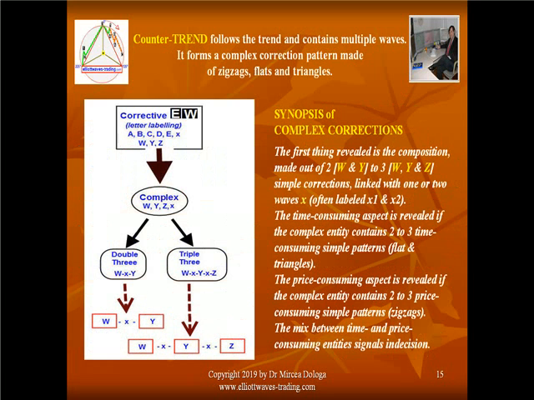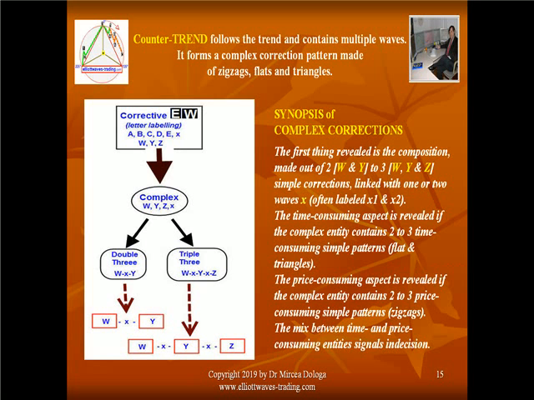Synopsis of complex correction. On the left side, we see our synoptic drawing, and the first thing revealed is the composition made out of 2 waves, W and Y, or 3, W, Y, and Z, which are simple corrections each, linked with 1 or 2 waves X, labeled in this case X1 and X2.